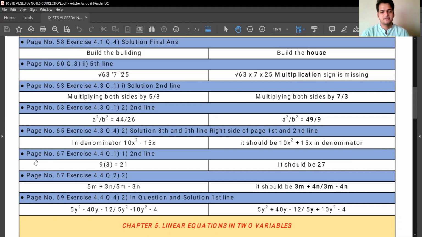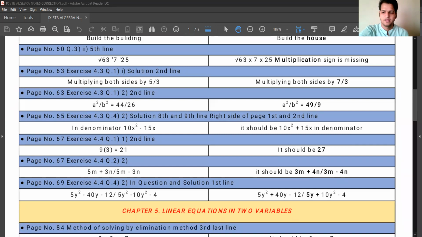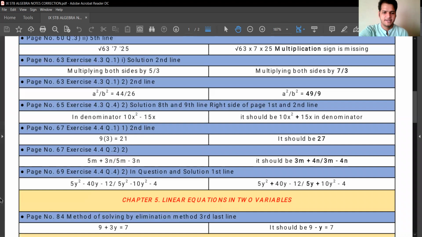Alright. Page number 69. Exercise number 4.4, question number 4, second question. In the question and the solution, the first line is printed as, just a second of time. Five y square minus 40y minus 12 whole divided by 5y square minus 10y square minus 4.